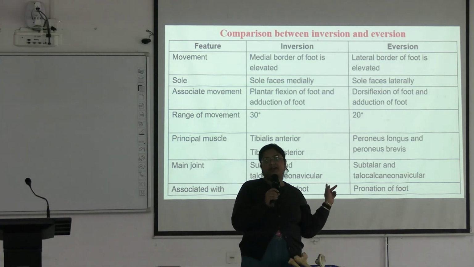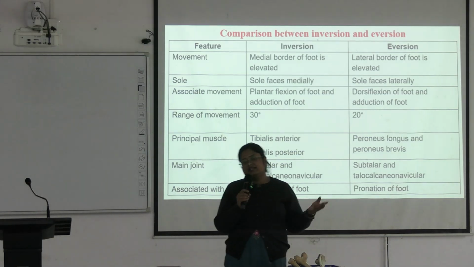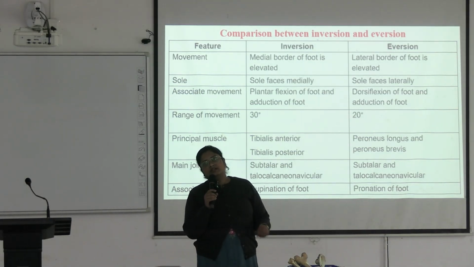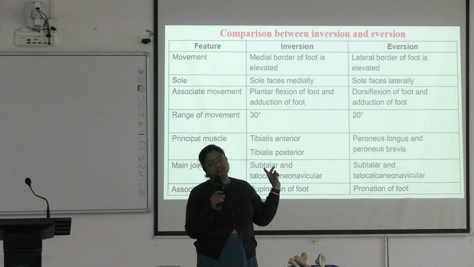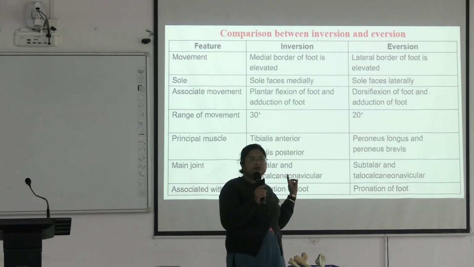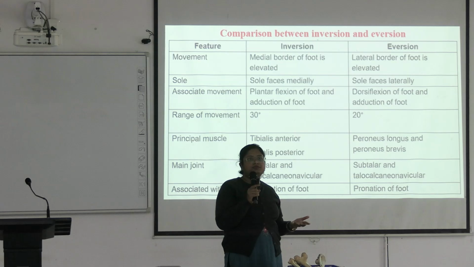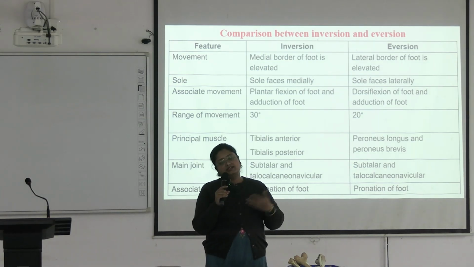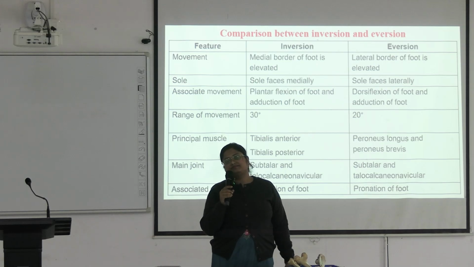Also prepare inversion and eversion, as part of a long question or short note it can come. If it comes as a long question, it will come from the subtalar and talocalcaneonavicular joints, or it can come as describe the joints of the foot. So prepare all the joints, types of joints and the rest of the points.